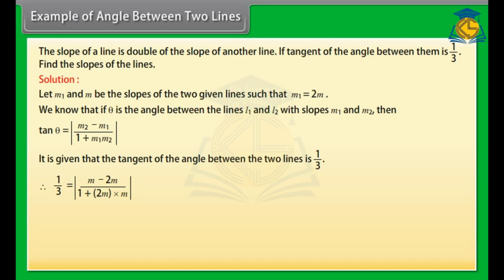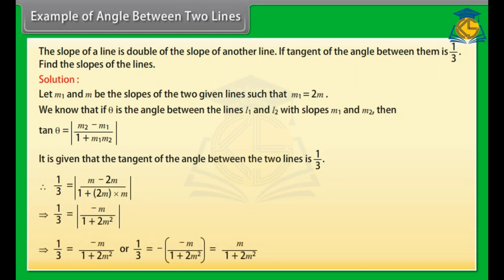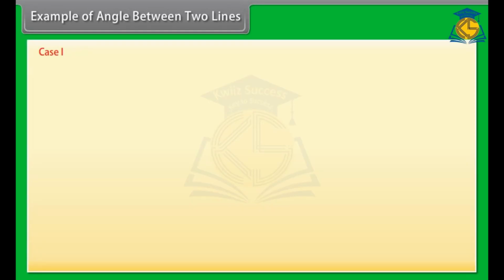It is given that the tangent of the angle between the two lines is 1/3. Therefore, 1/3 is equal to modulus of (m minus 2m) divided by (1 plus 2m into m). On solving, we get modulus of m divided by (1 plus 2m square). Case 1. 1/3 is equal to minus m divided by (1 plus 2m square).